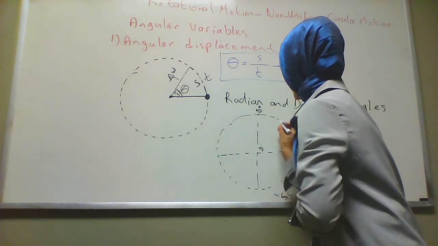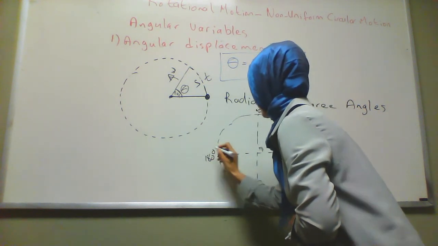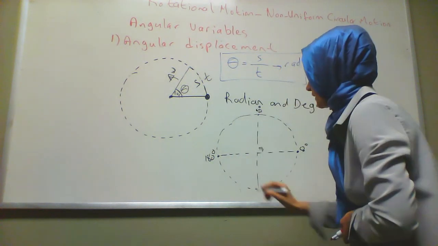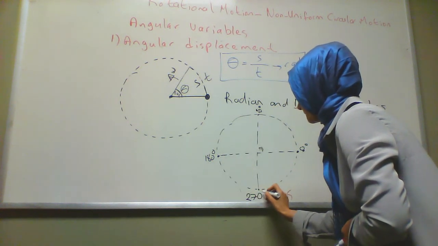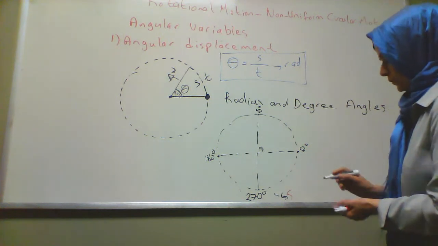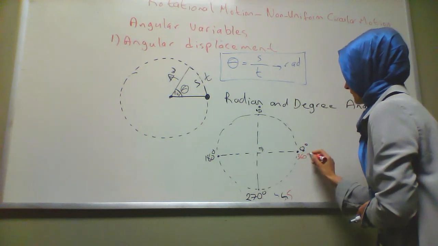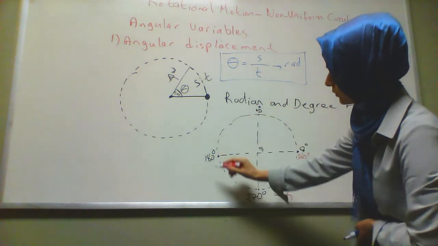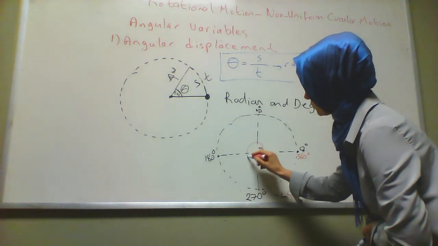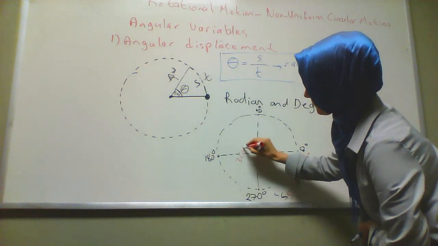And if you rotate one half circle, you're here, you rotated 180 degrees. Continue rotating, here you have 270 degrees. And coming back to 0 position, you will have 360 degrees. 0 and 360 degrees are the same position, except you now rotated a full circle. Its full angle is 360 degrees.